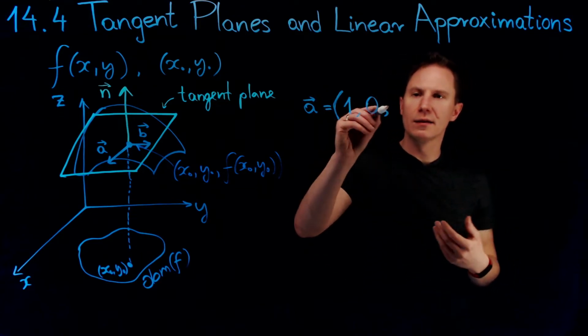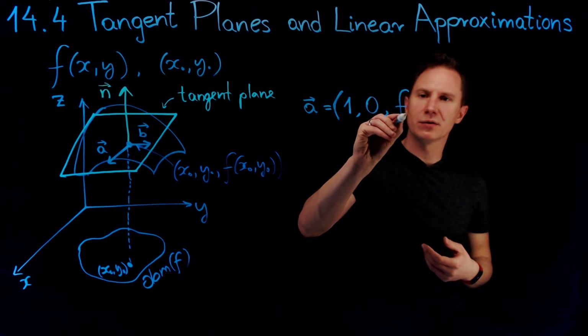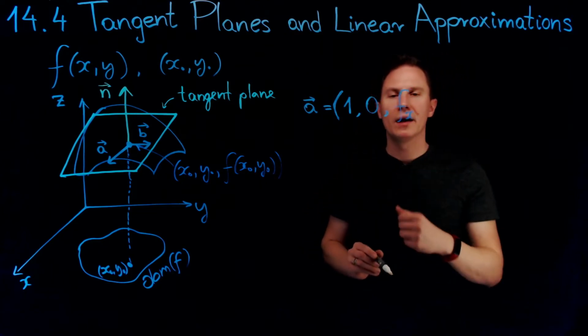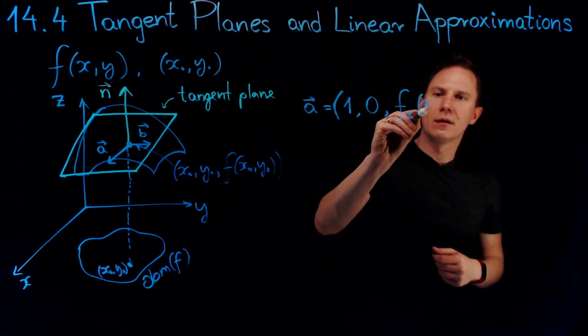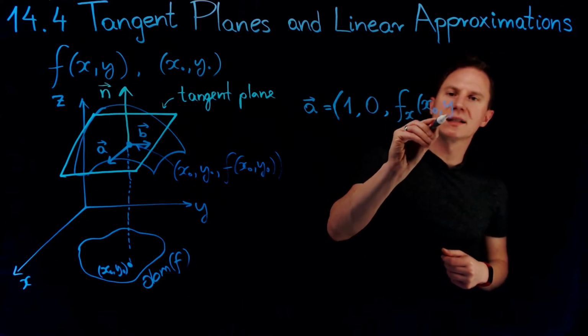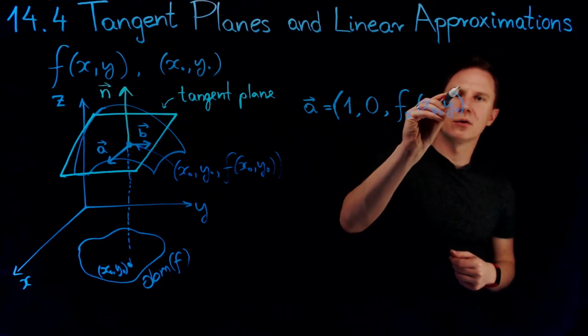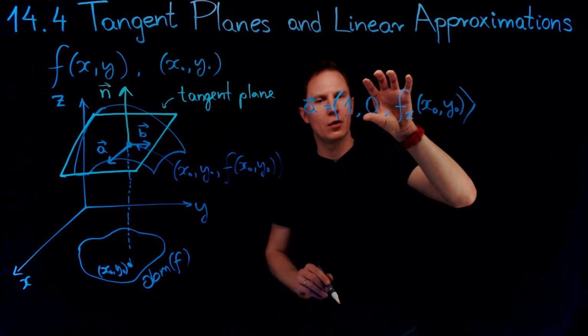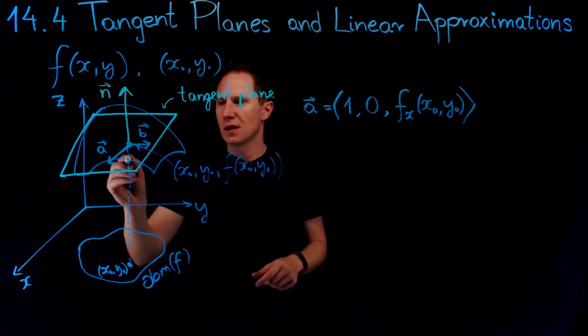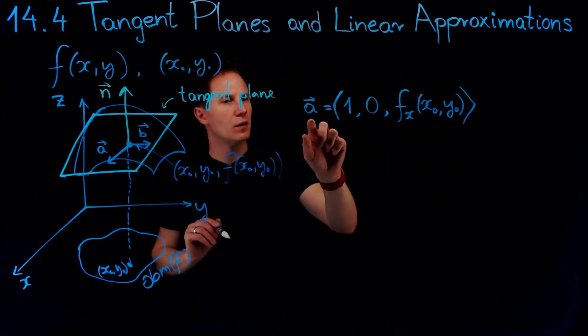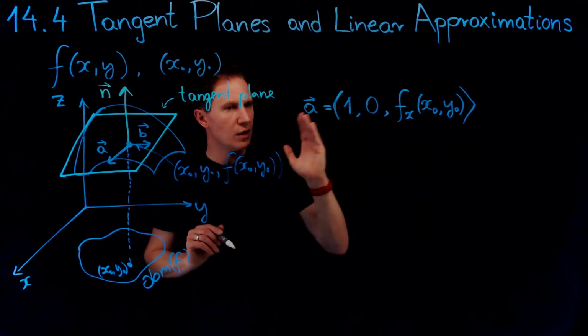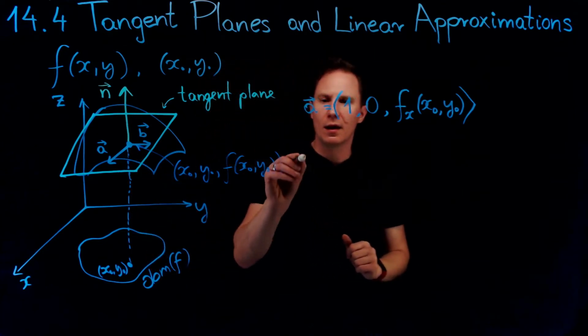Well, that's exactly the slope in the x direction. So that is given to us by the partial derivative with respect to x at that point x0, y0. So this is our vector a, which gives us a vector that's parallel to the tangent plane.